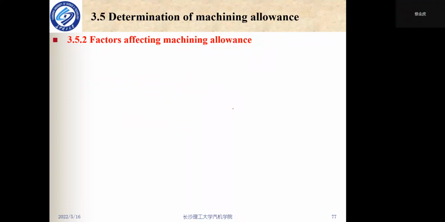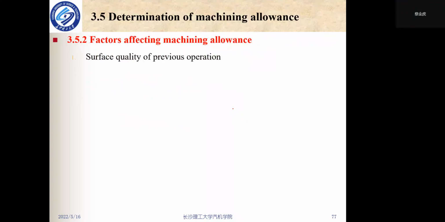But how large the minimum machining allowance should be, it is necessary to analyze the factors which affect the machining allowance.